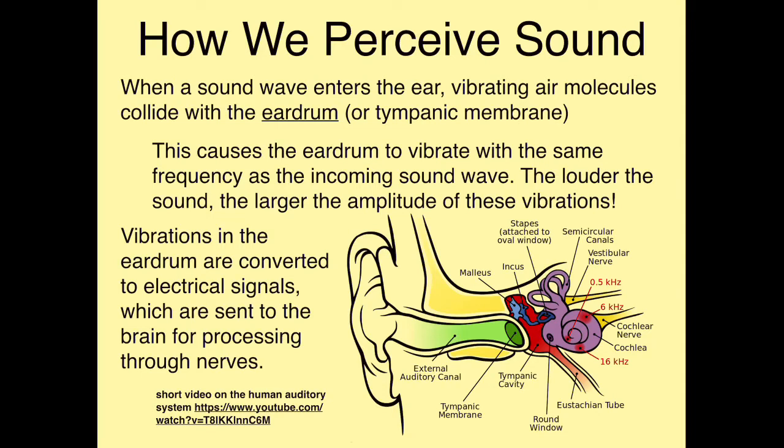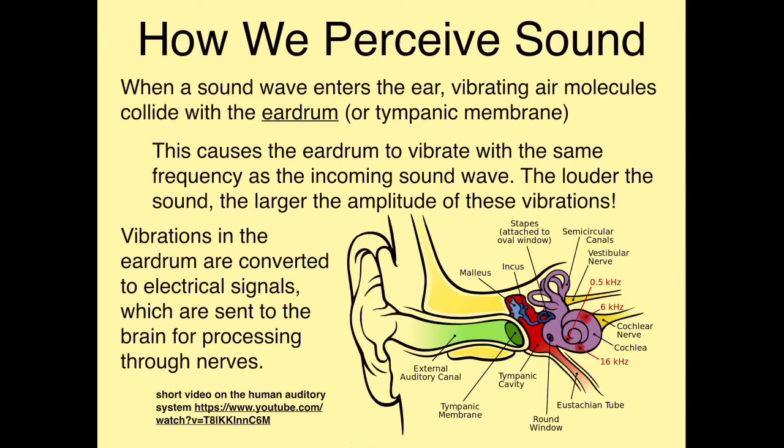In a similar way, how loud the sound is has to do with the amplitude of those vibrations. If your eardrum is vibrating with a very small amplitude, that's a quiet sound. If it's vibrating with a very large amplitude, that's a very loud sound. So that's how the information contained in the sound wave is picked up by the eardrum: it can pick up the amplitude and the frequency of the sound wave.